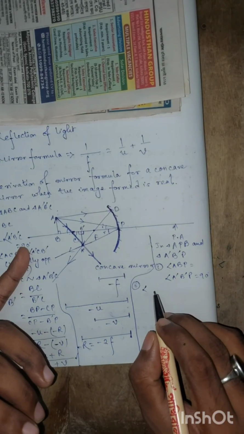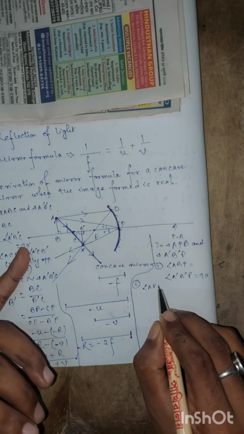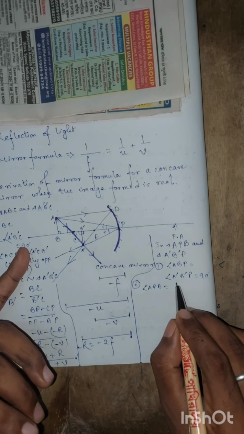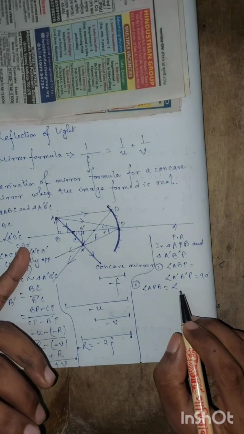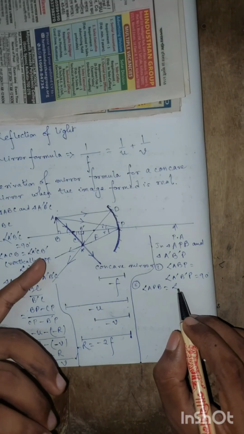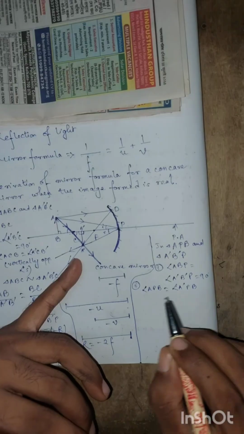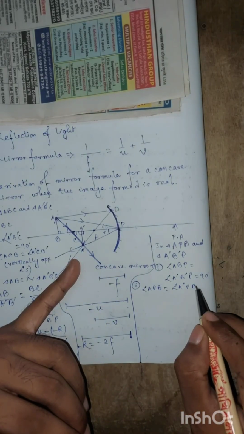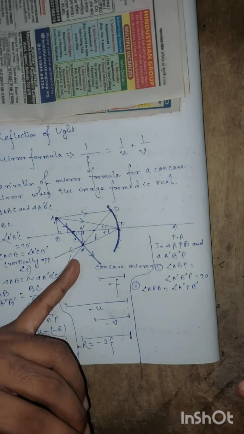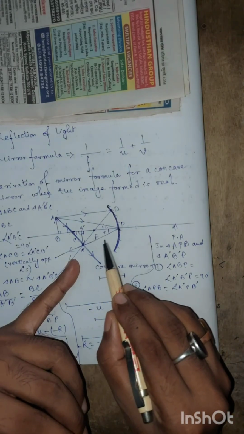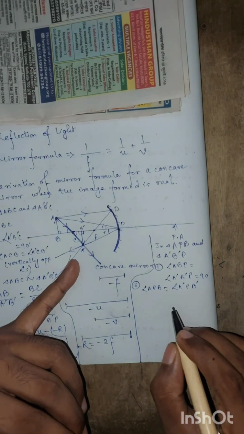So angle APB is equal to angle A dashed P B dashed. These two angles are equal.